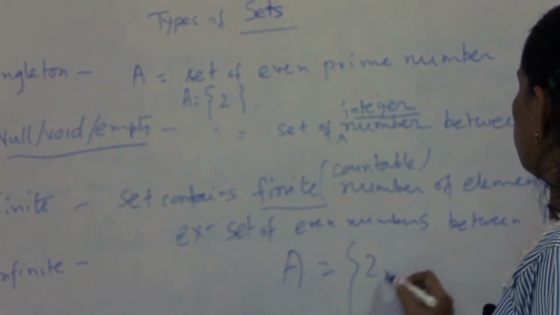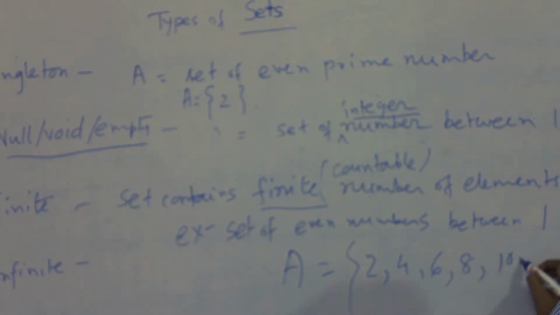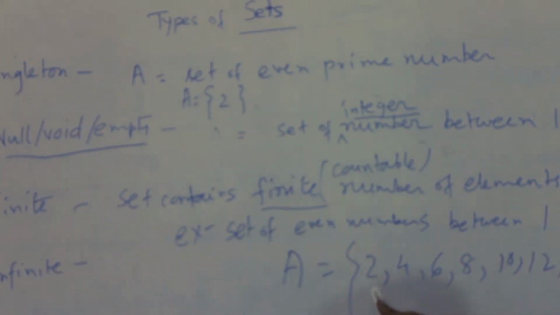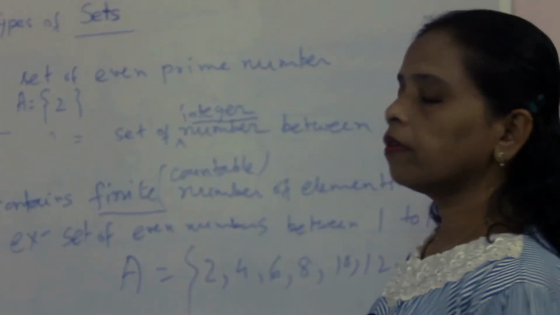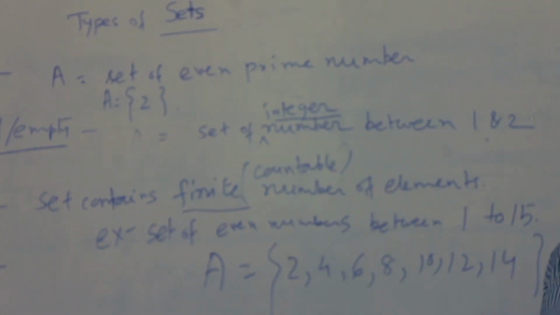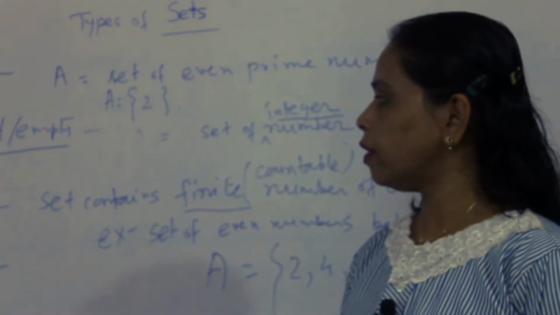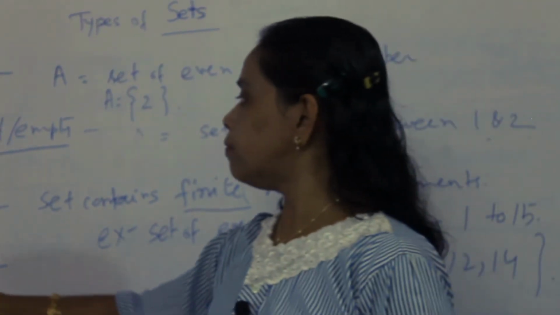So the first number will be 2, second 4, third 6, 8, 10, 12, 14. No more numbers are there. So the numbers are countable. How many numbers are here? 1, 2, 3, 4, 5, 6, 7. So 7 numbers are there. So 7 is a finite number. So it is a finite set. A finite set means it contains only a countable number of elements.